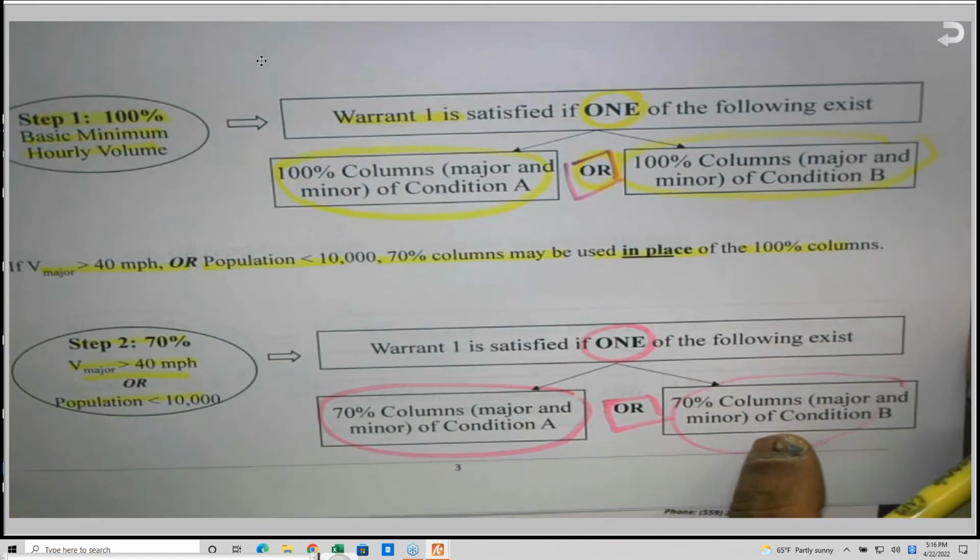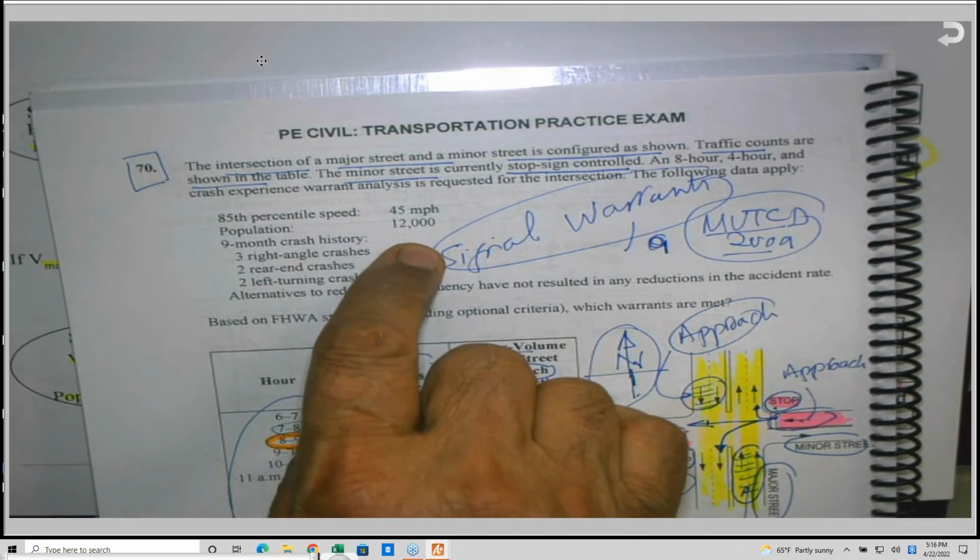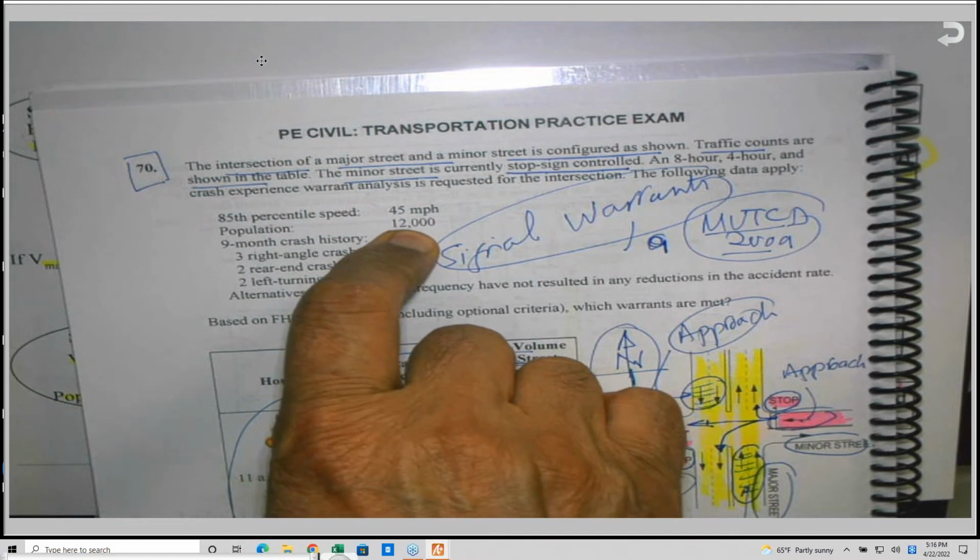I started with the 100% just to show you it will not meet the minimum volume required, just to give you a taste. But in the problem statement, he said that the V major was 45 miles per hour. Do you remember the problem? So the moment I read the 45 in the problem statement, and he tried to confuse you because the population is 12,000.